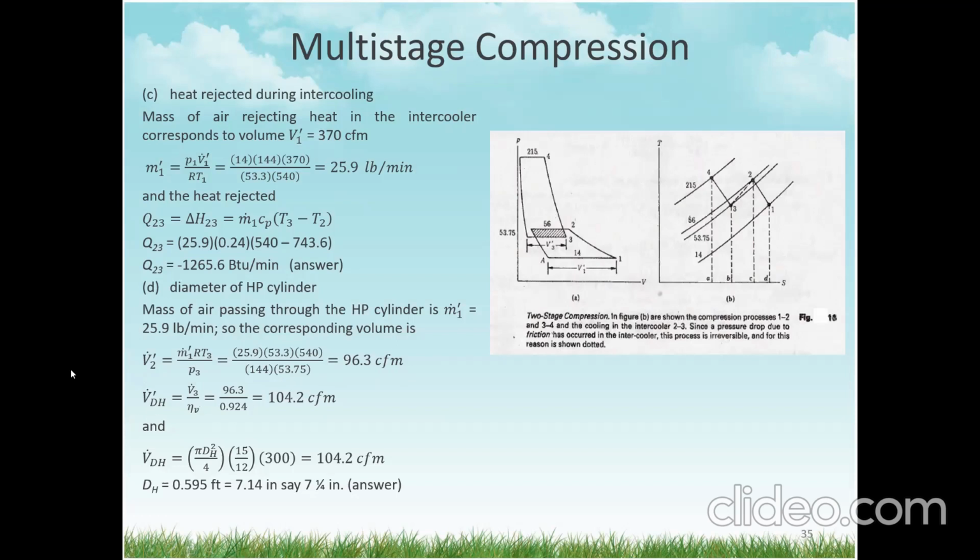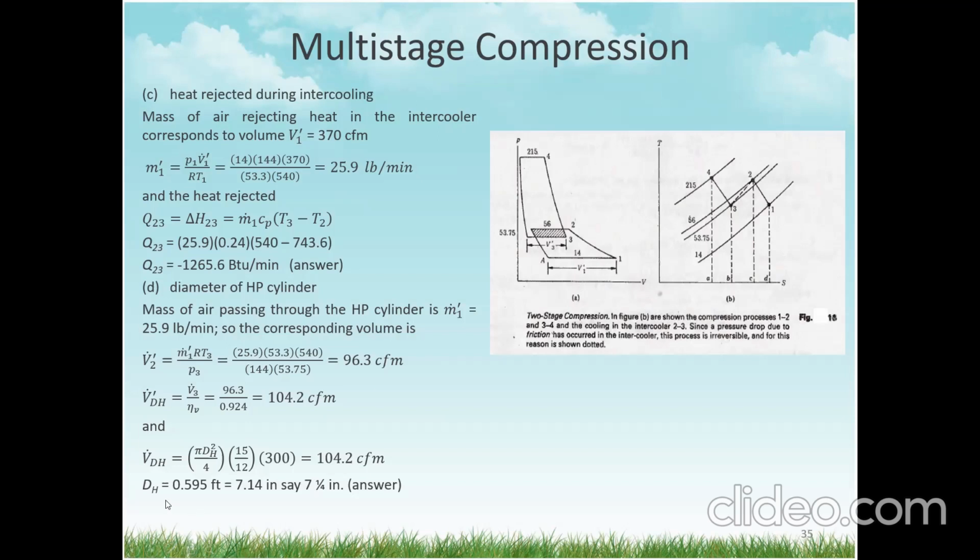The displacement of the high pressure cylinder, V sub DH, is equal to V2 over the volumetric efficiency, 96.3 over 0.924, or 104.2 CFM. So the formula for displacement, V sub DH, is pi D_H squared over 4 times 15 over 12 times 300, which is equal to 104.2 CFM.